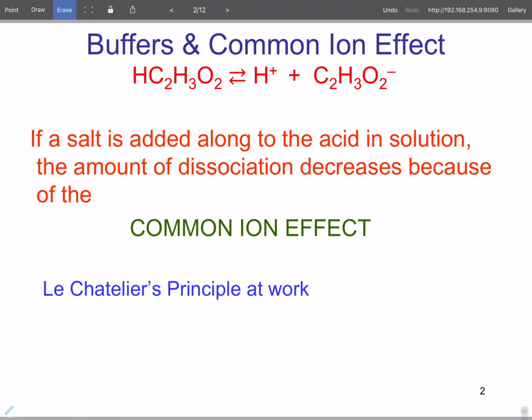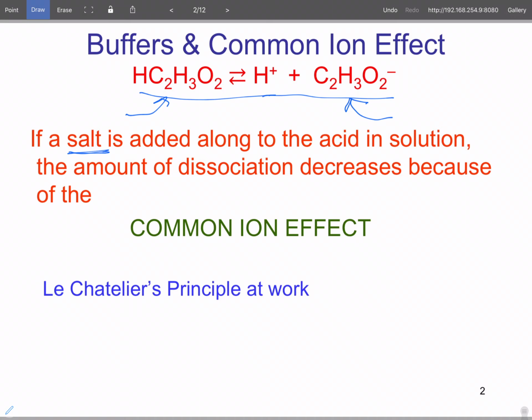First thing we've got is buffers and the common ion effect. So what we've done up to this point is the weak acid. Okay, we did the weak acid, no problem. But now we're going to add the common ion, aka the salt of either the conjugate acid or the conjugate base, whichever one is appropriate.